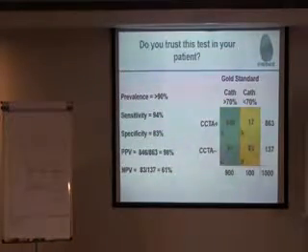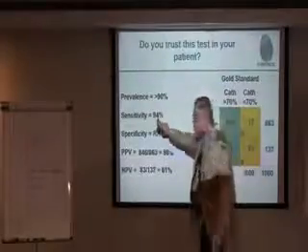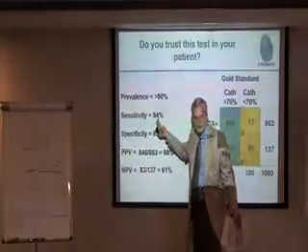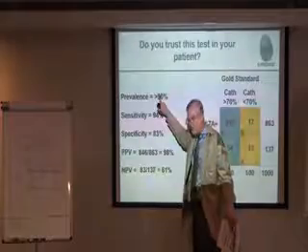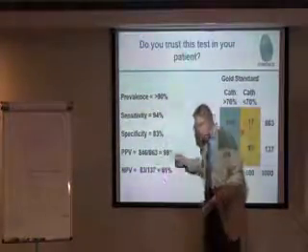Remember when I first started that lecture, I said, do not trust the sensitivity and specificity. Don't say, oh, this is really good, I can always rule out. No. You have to look at the pretest probability, the sensitivity, and the specificity all together, and you use these here.